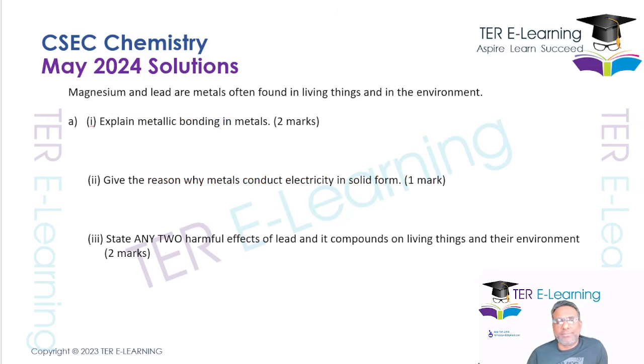Fourth question here, right? Magnesium and lead are metals often found in living things and in the environment. Explain metallic bonding in metals, right? So this is a typical question again, metallic bonding, right?